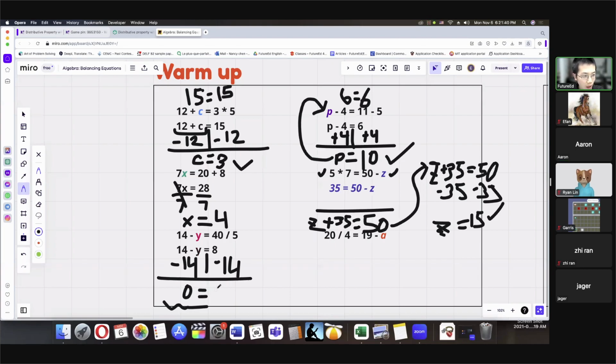Are you sure about that? The answer is 26, you think? Okay, remember, before it was 14 minus y equals 8, right? And then you subtracted 14 on both sides.